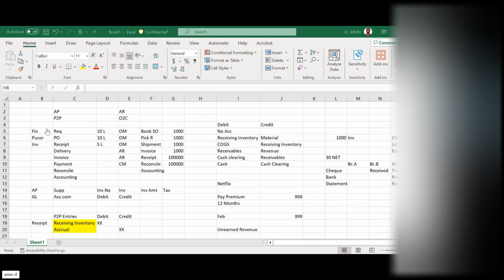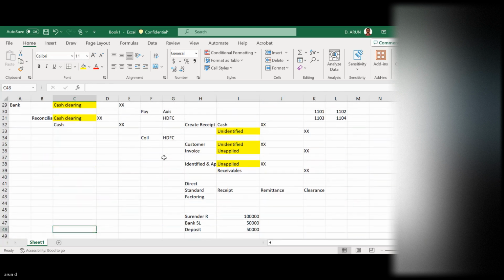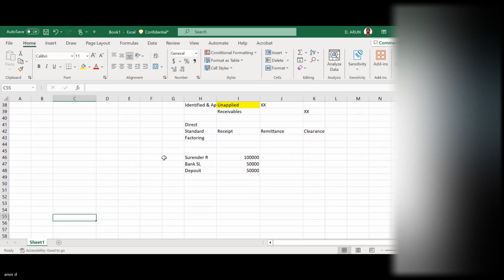So now the first accounting entry that we will have in the asset module is firstly the asset transaction. As I said, if we are creating here, there are multiple ways that I can create the asset transaction.